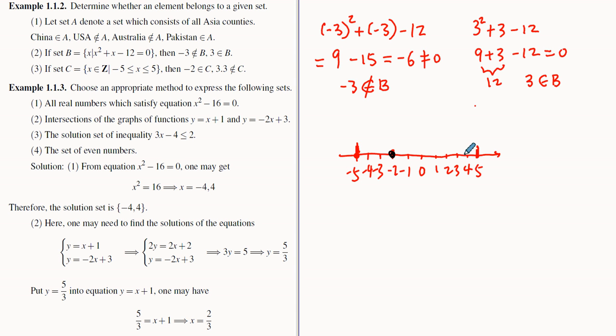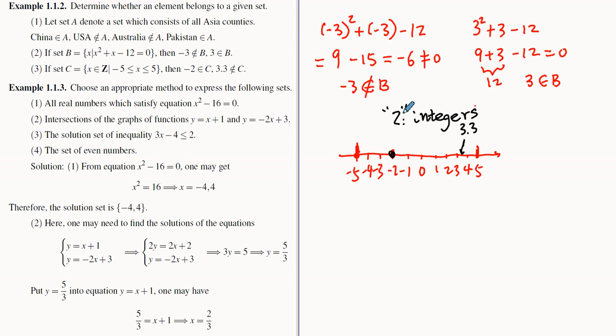3.3 is roughly here. You may say it is inside, but remember, 3.3 is not an integer. Z stands for integer. See, this letter stands for integer.